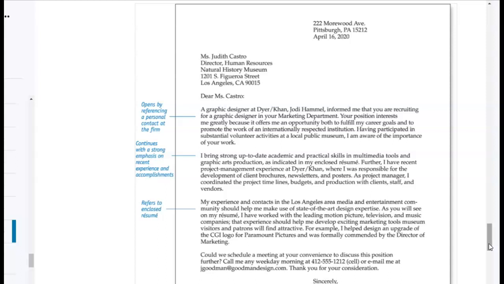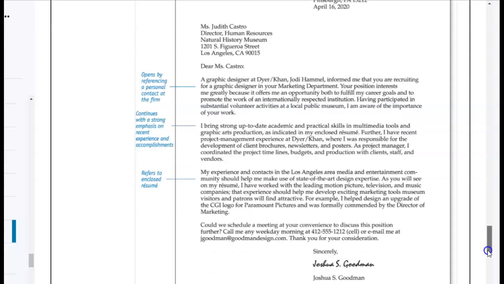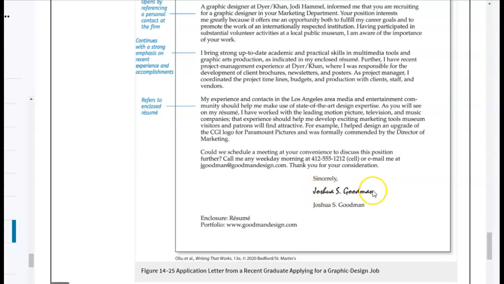For this assignment, we do want to be doing a business letter as opposed to an email or the like. However, I'm not going to require signatures on your cover letters.